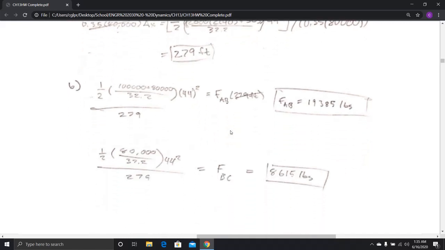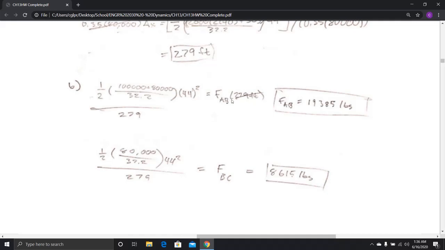To find the force, I've realized the force at the first coupling between cart A and B is going to just be the kinetic energy of cart B and C combined.